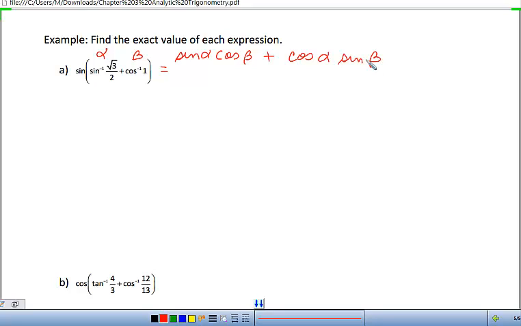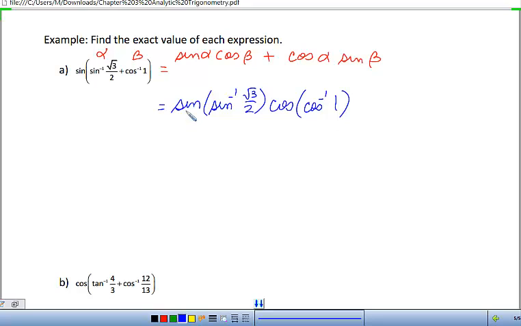Or in terms of what we have here, we have sine of sine inverse root 3 over 2. Okay, remember this is my alpha. And then I've got cosine of cosine inverse 1. Okay, that was my beta.